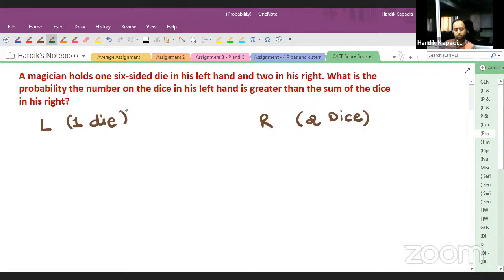Same for Anudeep. We are finding probability. Perfect, Supriya. Very good. Pranav, just check it once again. I think there is a calculation error.